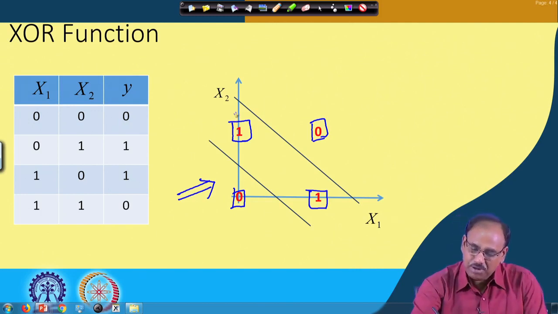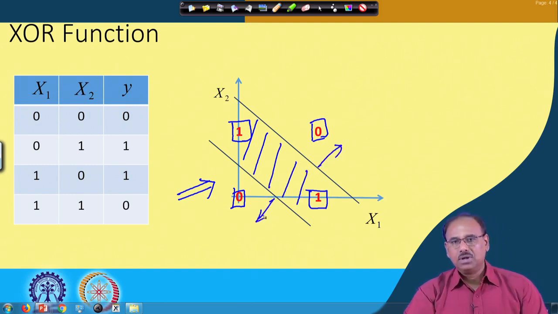And in between the straight lines, the values are 1, and outside the straight lines, the values are zeros. So, this is a clear case where the problem is not a linear problem, but a nonlinear problem. So, can I implement this XOR function using neural networks or neurons? Let us see.